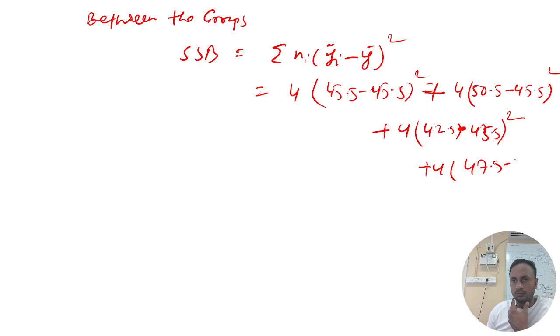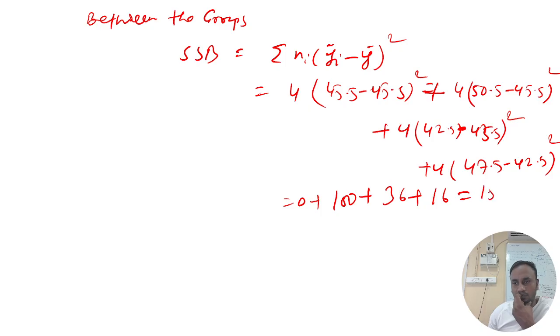So the first difference is 0. Then 5, 5 into 5 is 25, 25 into 4 is 100. Then 42.5 minus 45.5 is 3, 9 into 4 is 36. 2 squared is 4, 4 into 4 is 16. How much will it come? 152. I think it's clear.